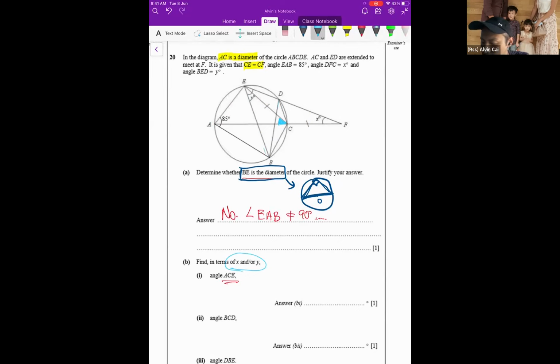So we try to figure out what information we have over here. This is the diameter. This is the angle that we are supposed to find. So 85. The answer would be just 2 times x. And why is that so?